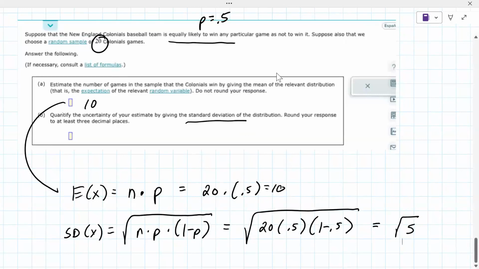And then you have to round that to 3 decimal places, it looks like. So I get 2.236. That's what I got.